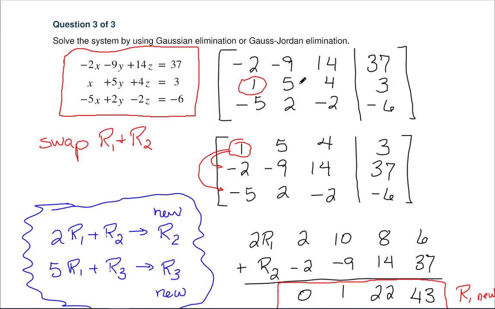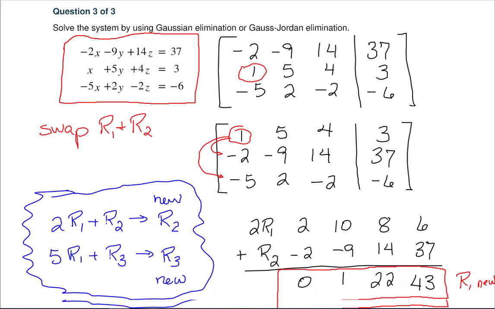So go carefully, because you don't want to make a simple copying mistake. Here's our vertical line where the equals was. I notice I do have a 1 there, so I'm going to take row 1 and 2 and swap them out. All right, I have a 1.